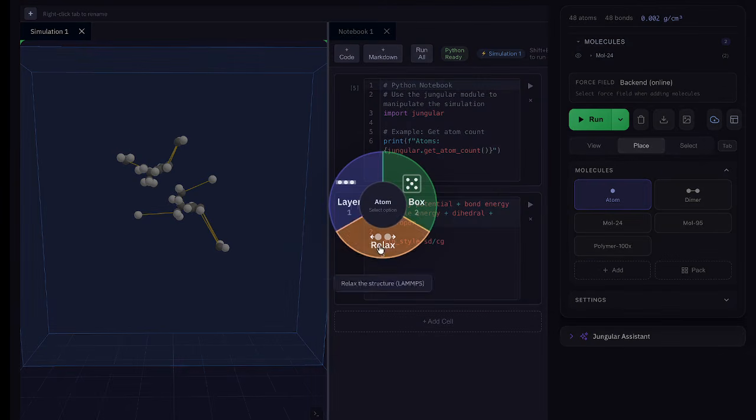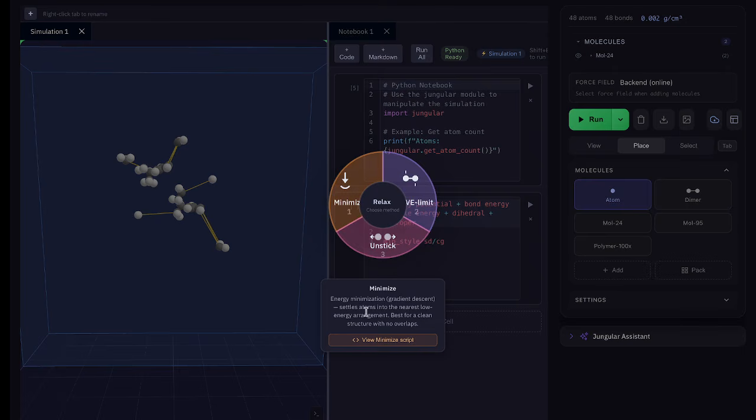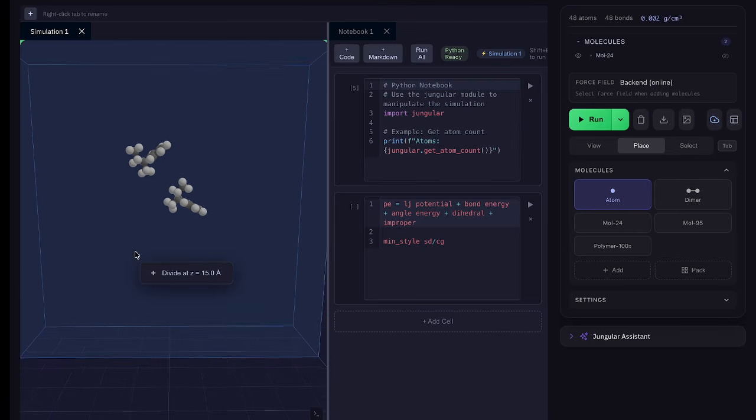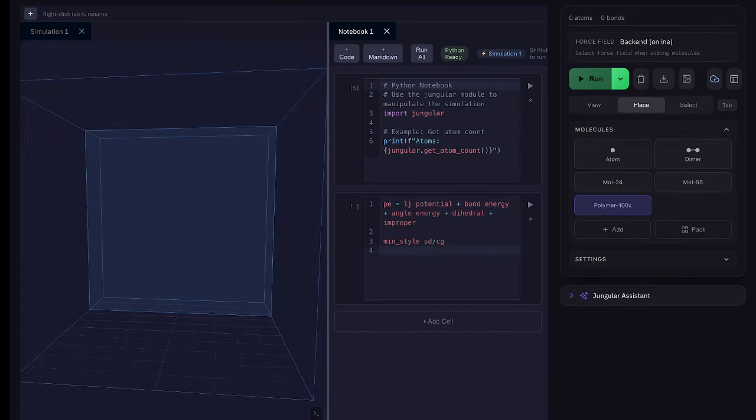I'm going to click relax, and you can see this is the energy minimization that we're going to run. We can look at the LAMMPS script. It's just the LAMMPS command that you're going to use if you want to minimize the energy. Let me click it, and boom, you can see that the energy minimization works, and the positions of the atoms go back to their equilibrium position. It's kind of cool.